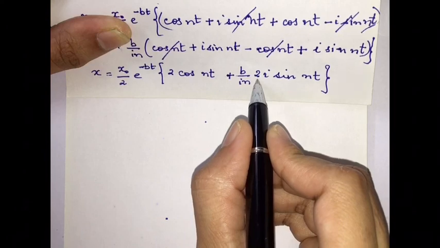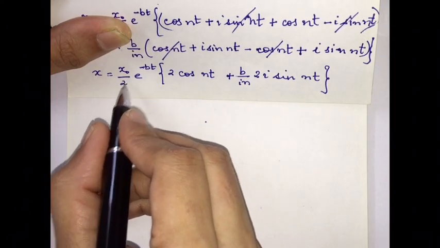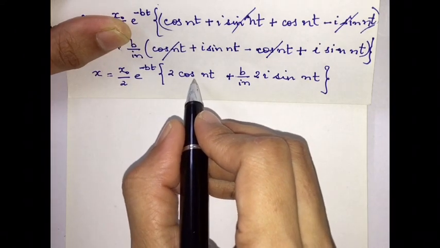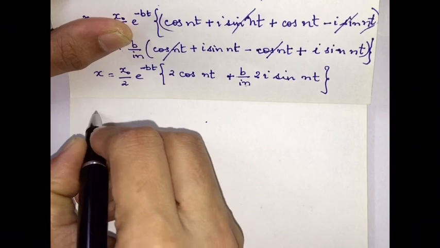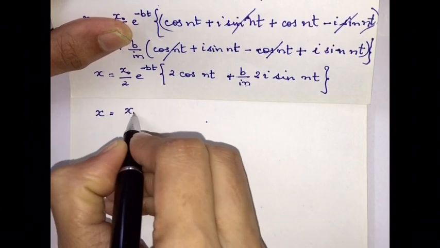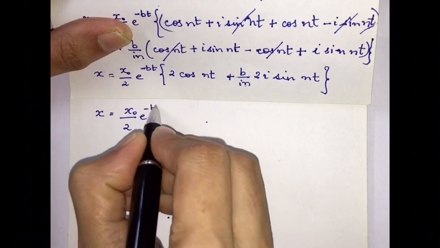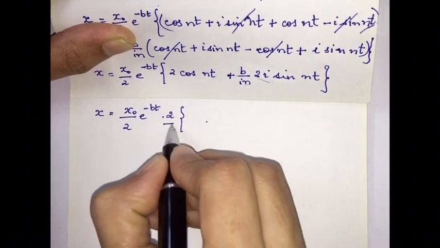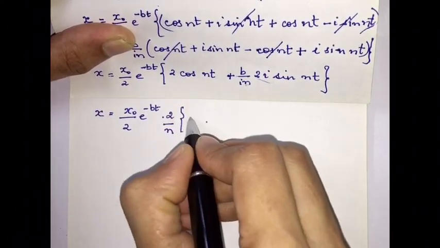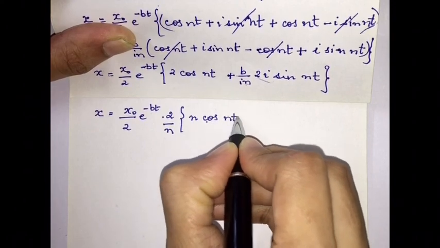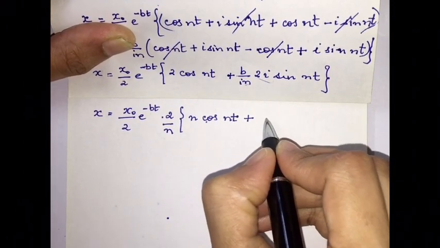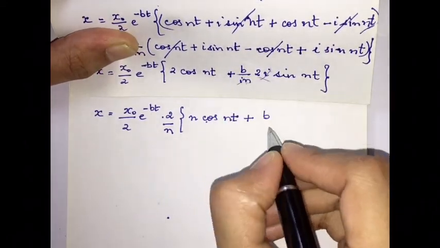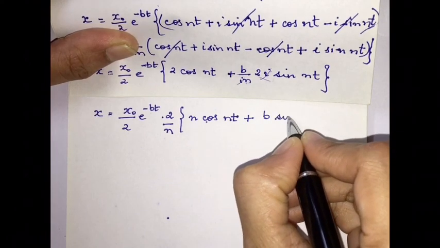I can take this 2 as common and that gets cancelled with this 2, and I can also take n out of the bracket. So x is equal to x naught by 2 e power minus bt, 2 is common, and taking n also as common, this becomes n cos nt plus b by, so i is getting cancelled here, b sin nt.